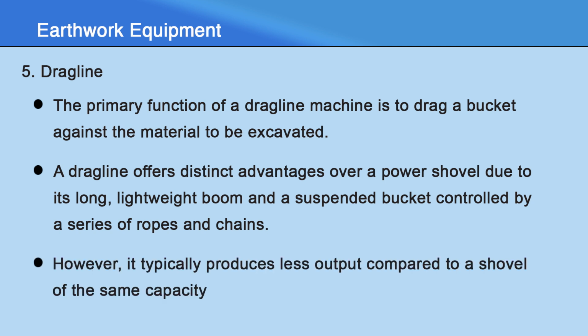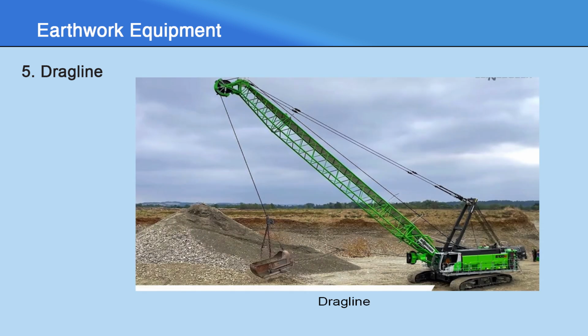However, it typically produces less output compared to a shovel of the same capacity. Applications. It is the most suitable machine for digging softer materials and for excavating below its track level.